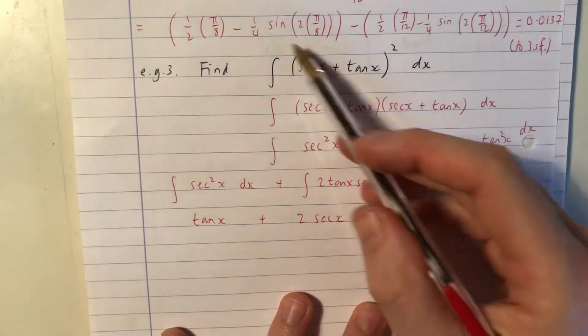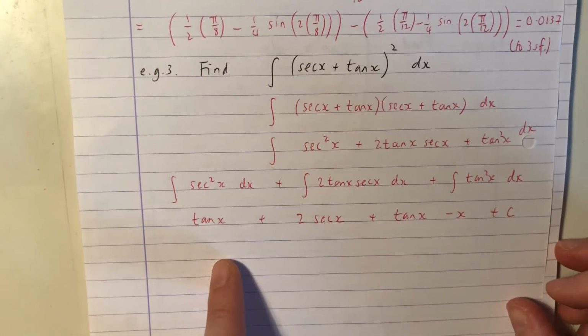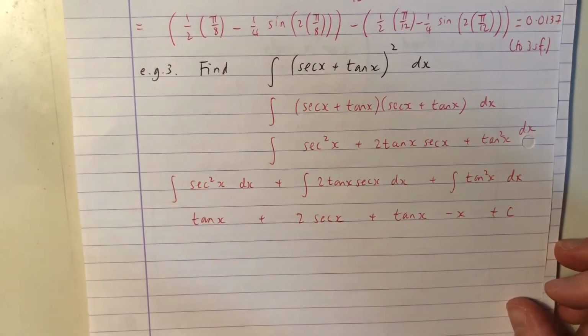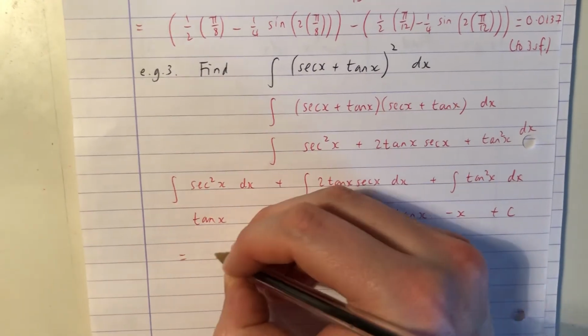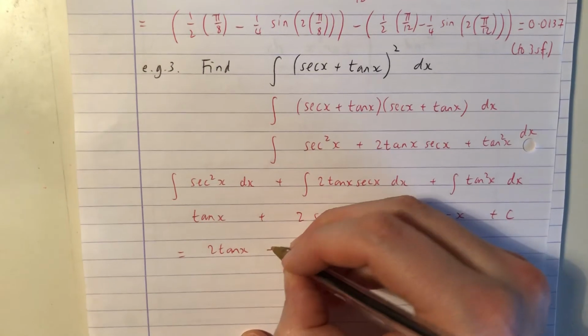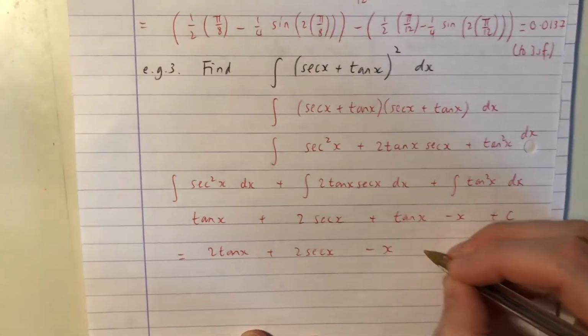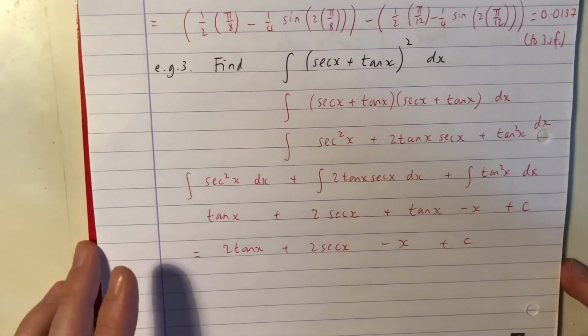And then because it's indefinite integration, remember the plus c. You can collect some like terms actually, believe it or not. So that is 2 tan x's, because tan x plus tan x is 2 of them, plus 2 sec x, subtract little x plus c would be my final answer for that.